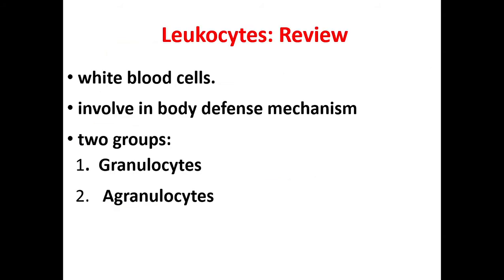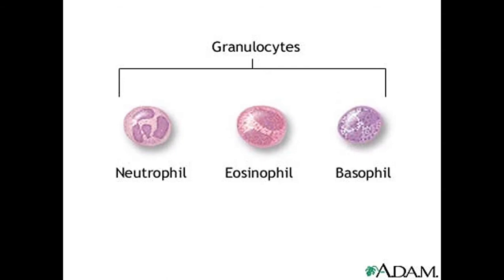For the leukocytes or the white blood cells, all of these cells are involved in body defense mechanisms, and they are grouped into granulocytic series and agranulocytic series. So we have here in the next slide the groupings of the white blood cells, and these are the granulocytes. We have the neutrophils, eosinophil, and basophil.